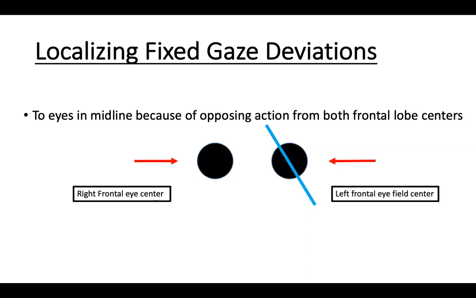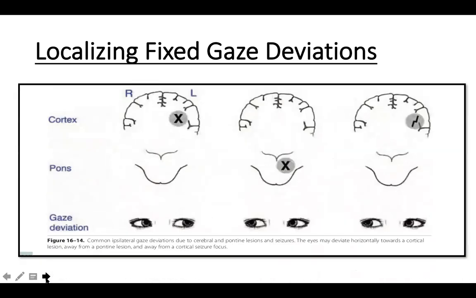If there is a brain infarct or brain injury to the left frontal eye field, your right frontal eye field center will tonically push your eyes towards a left tonic gaze. So the eyes would be tonically deviated towards the left side. Like this is the example.